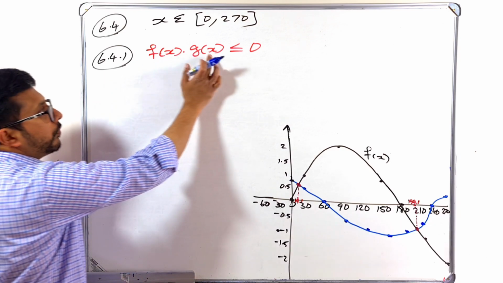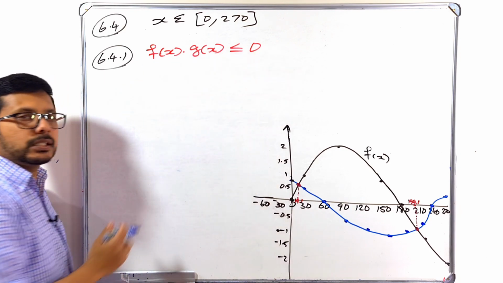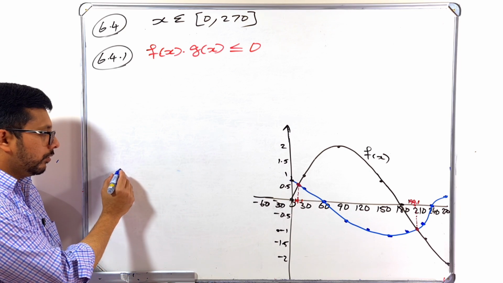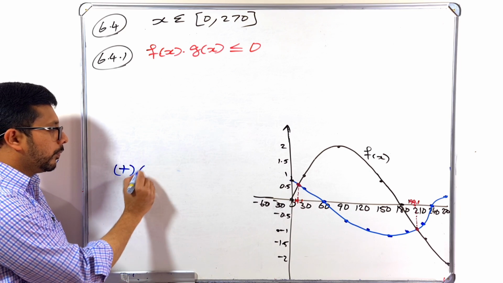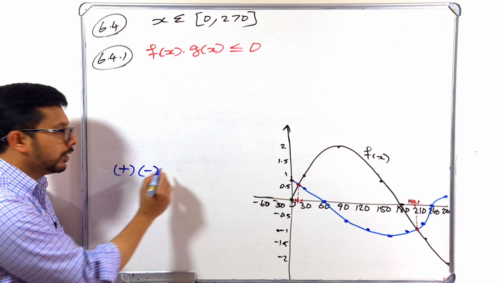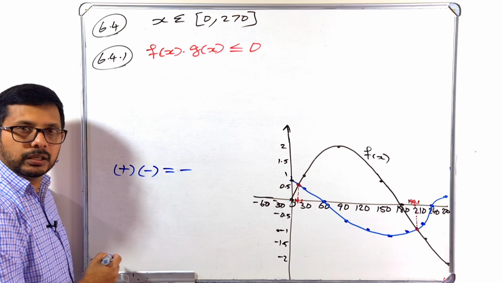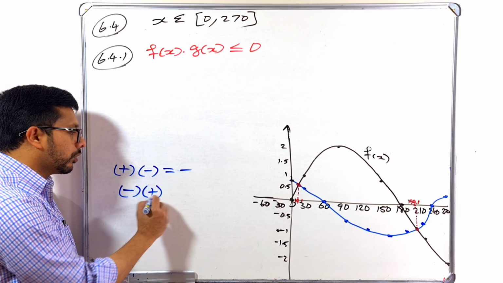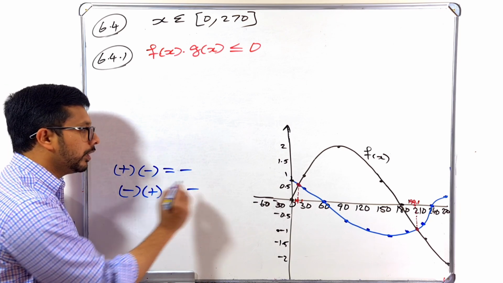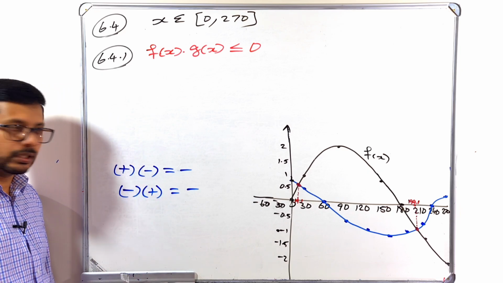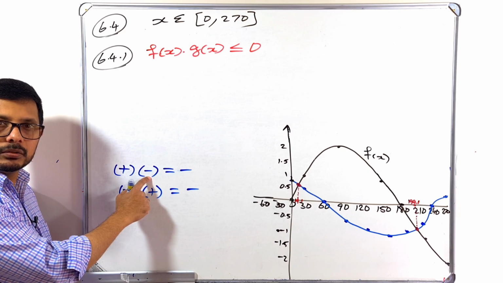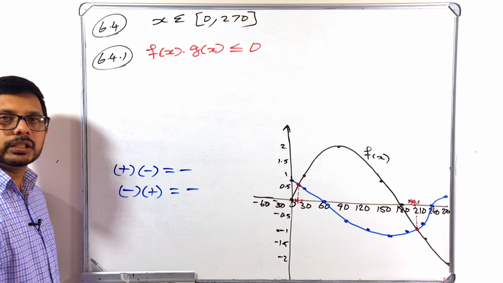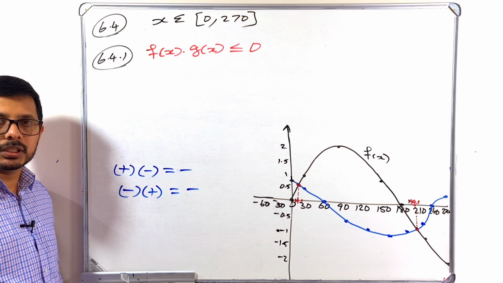So when two functions are multiplied and the answer is less than 0, what does it mean? You either multiply positive and negative, which is negative, or negative and positive, then also you will get a negative answer. Am I right? But if it is positive and positive, you get a positive answer. Negative and negative, you also get a positive answer. Negative times negative is positive.